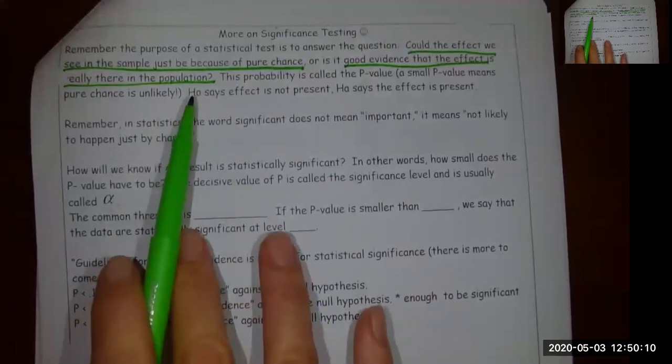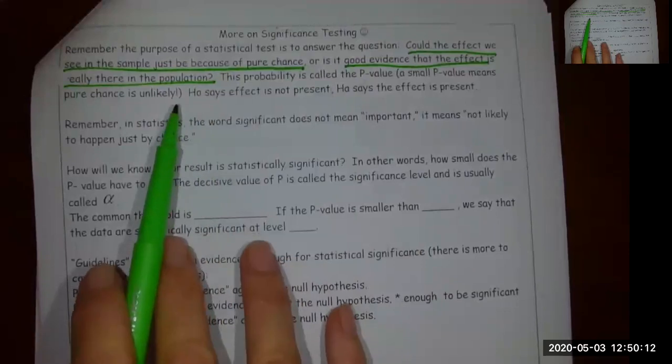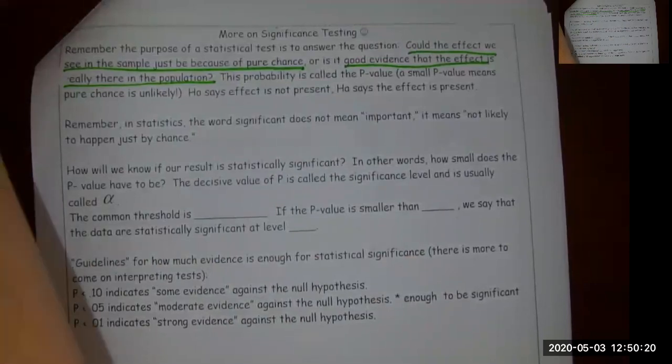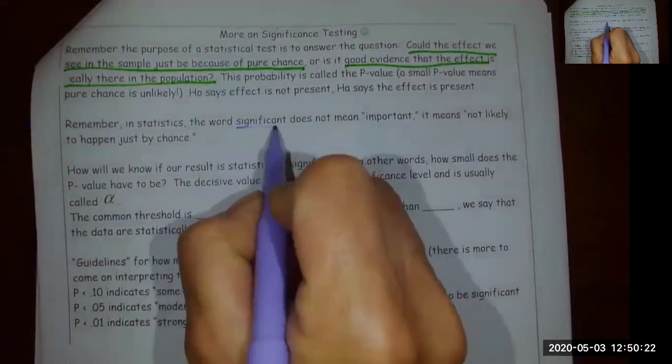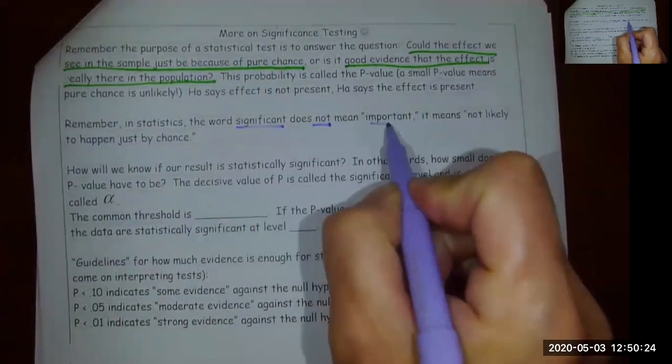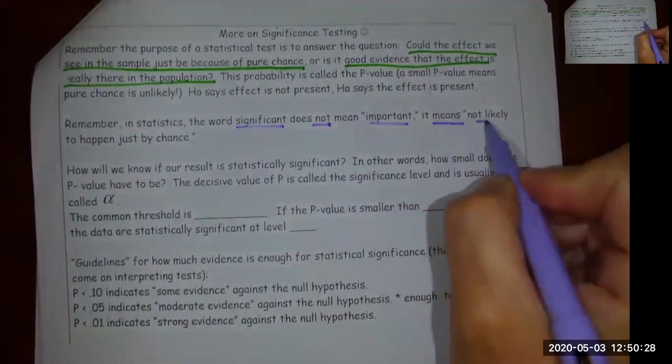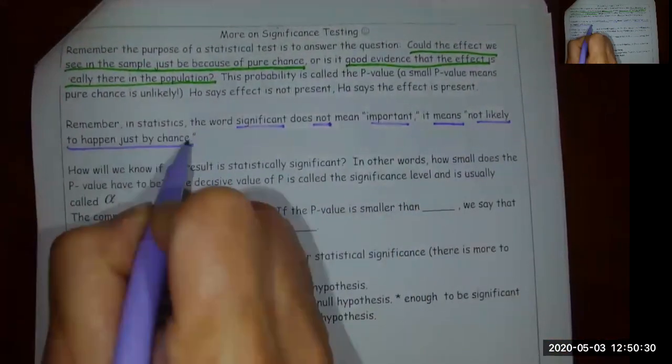Okay, so we talked about H0, the null hypothesis, and the alternative hypothesis last time. So let's look. Remember, in statistics, the word significant, this is important: significant does not mean important. It means not likely to happen by chance.